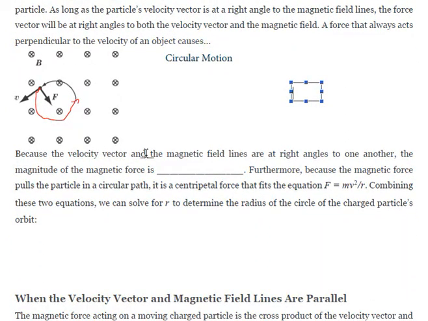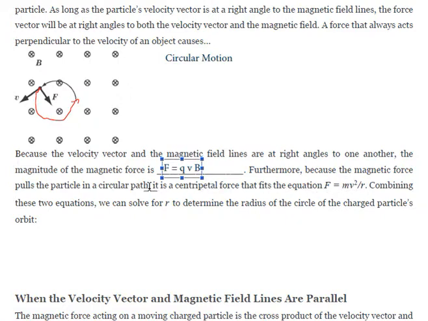So because the velocity vector and magnetic field lines are at right angles to each other in that example we looked at earlier, the magnitude of the magnetic force was just F equals qvB. Our sine theta term turned out to be 1. And also, this will be a stretch if you weren't in AP1 because we didn't really talk about circular motion in college prep physics.